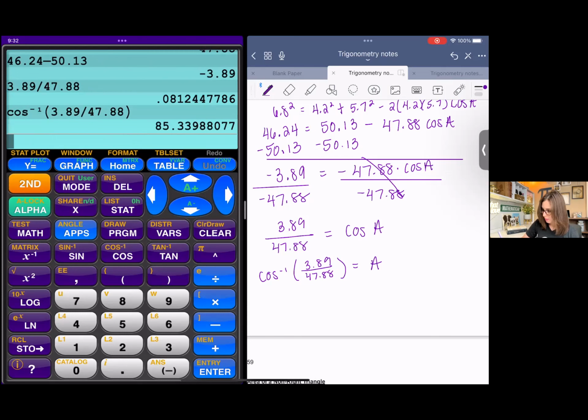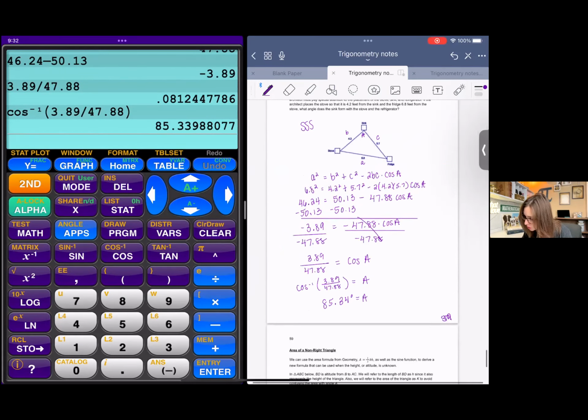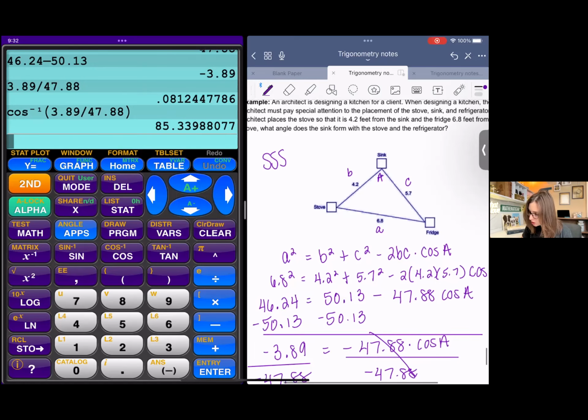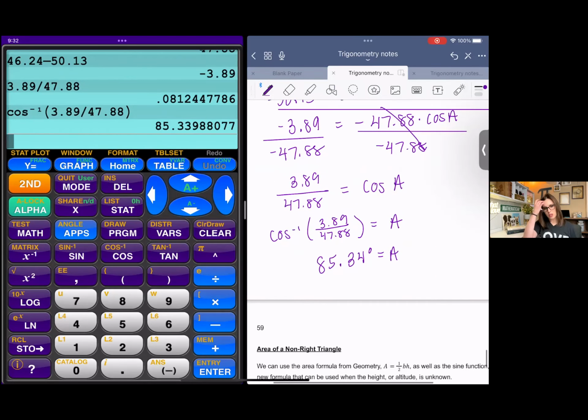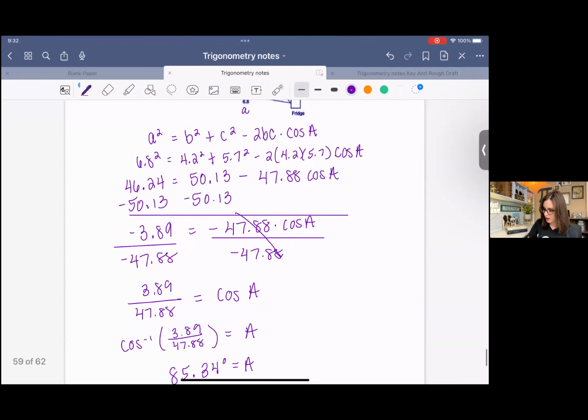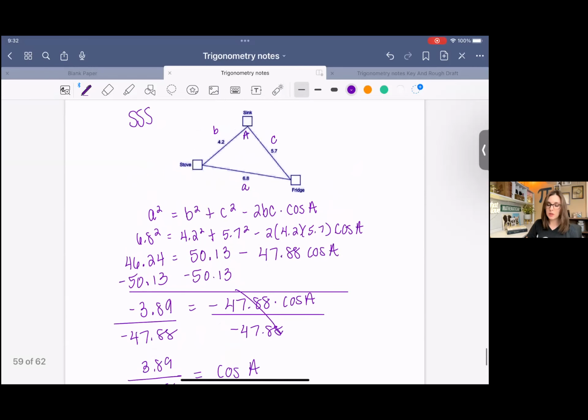And we get about 85.34 degrees. I don't think I had what to round to on this. So I just went to 2 decimal places, but typically you're going to be told what to go to there. So now we have the missing piece that we wanted for this problem.